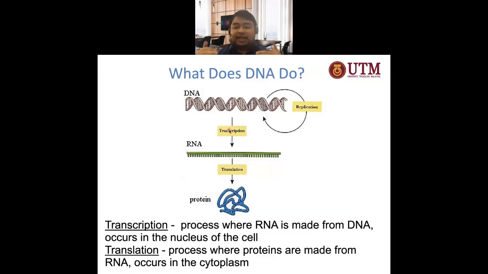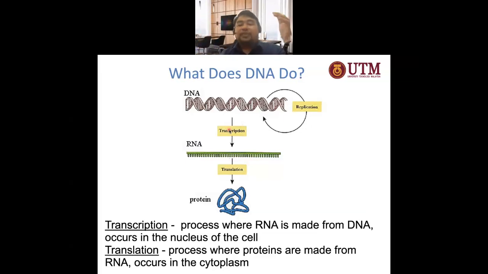Transcription is a process where RNA is made from DNA. So now we are creating RNA from DNA by the transcription process. This process happens inside the nucleus because the housing of your DNA is inside the nucleus.